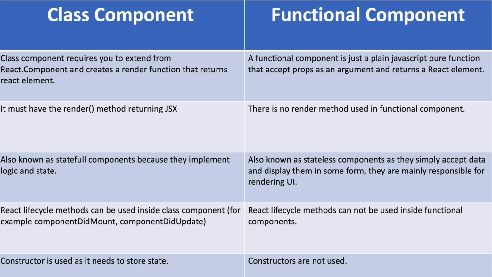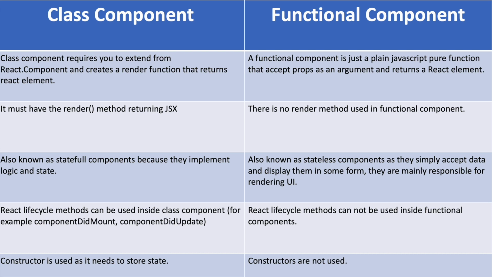Class components require you to extend from React.Component, which we get from the React library itself, and create a render function that returns the React element. So the render function is required in class components, but it is not required in functional components.